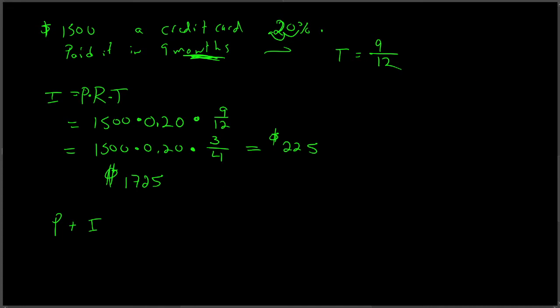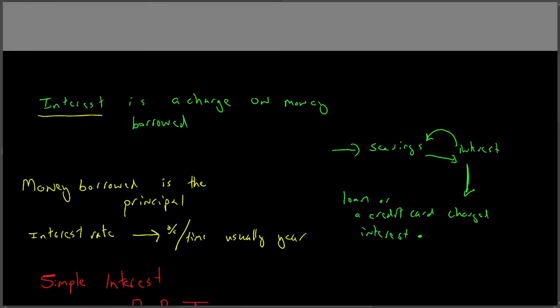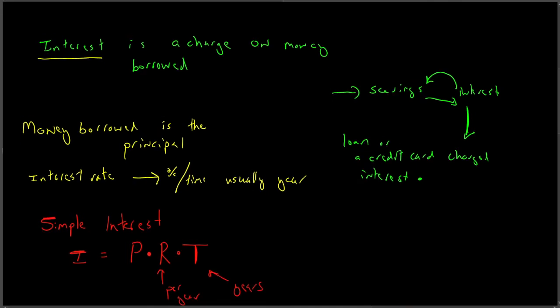Now, another way we do interest is we can compound it. Now, what happens when you get a big loan on like a car or a house, they compound the interest rate. So what it does is they have compounding periods. So let's say I borrow the money for 5 years.